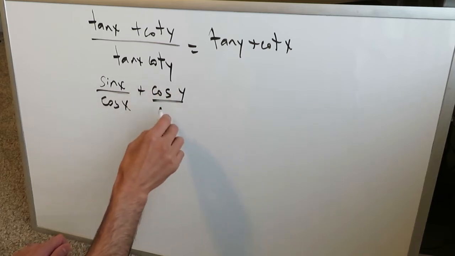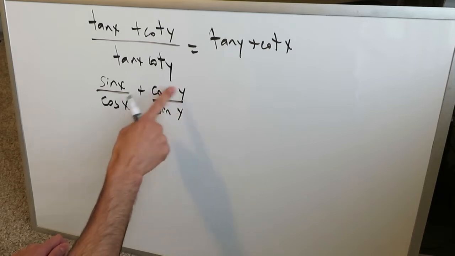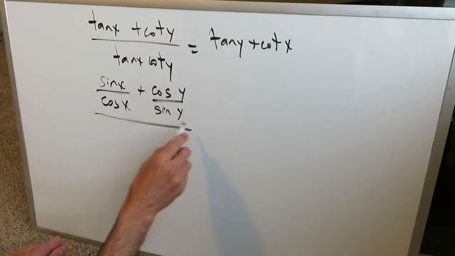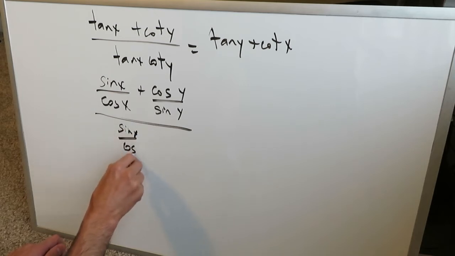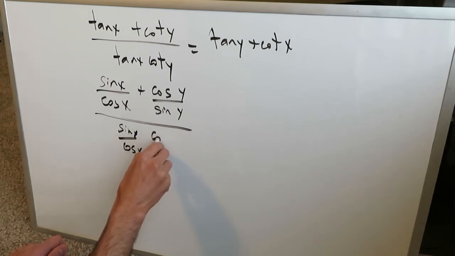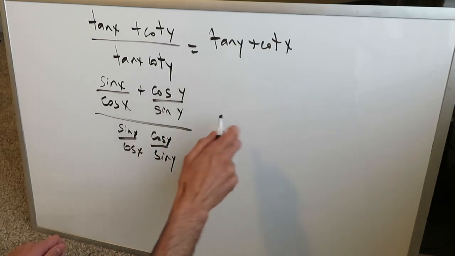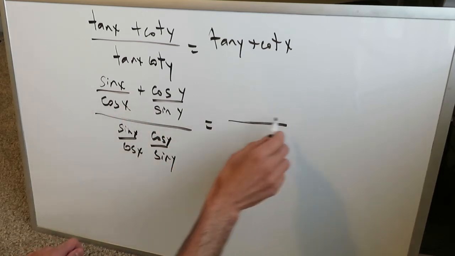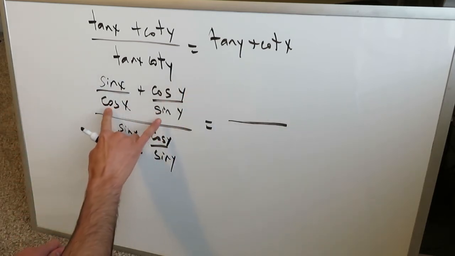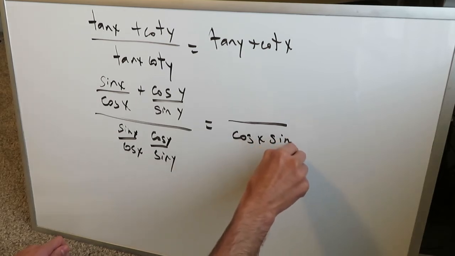Where you have a cotan of y, you'll put a sine y in the denominator and cosine y in the numerator. You're doing the same thing here with the denominator. Also, you have sine x over cosine x, and here you'll have cosine y over sine y. We're not going to do anything over here. We'll just continue from right over here. You have to find the common denominator in the numerator right here. The common denominator between cosine x and sine y is cosine x sine y.